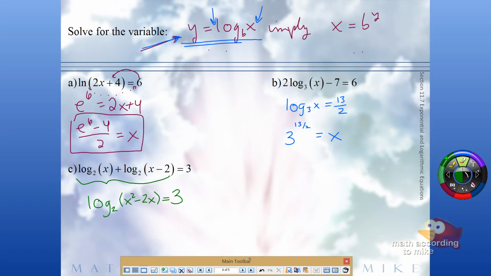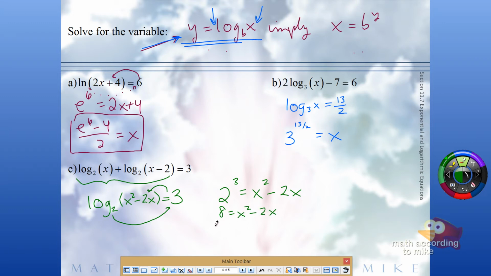So, since we have log equals number and not log equals log, just like in parts A and B, we have to write it as an exponent. The base of the log is 2, so the base of the exponent is 2. 2 to the 3rd equals x squared minus 2x. 2 to the 3rd is 8.